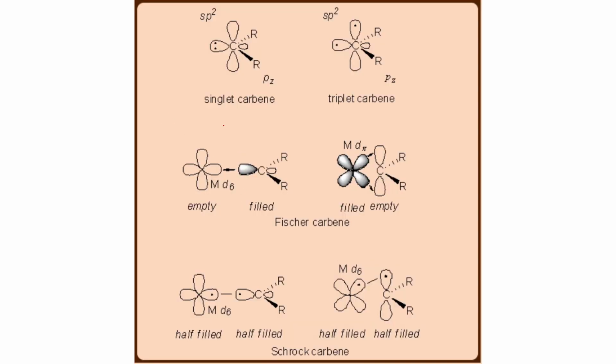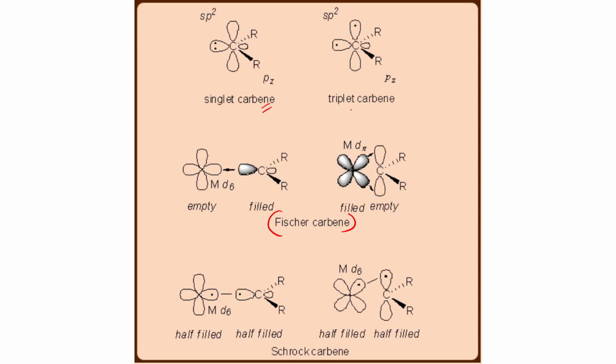And this one we have discussed. So for singlet carbenes, a high donation property is there. So complete donation of this happens, that's why it is filled and empty. It's a kind of interaction, so pi donation and pi acceptance. This property is there for Fischer carbenes, and they are singlet carbenes.